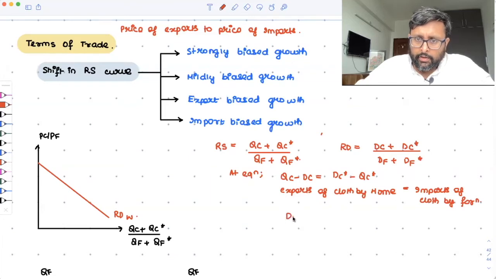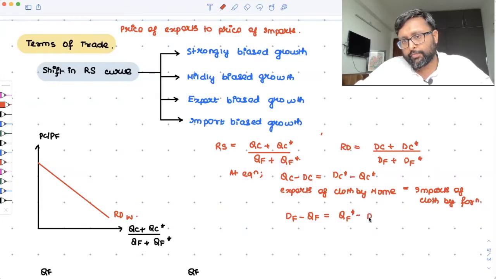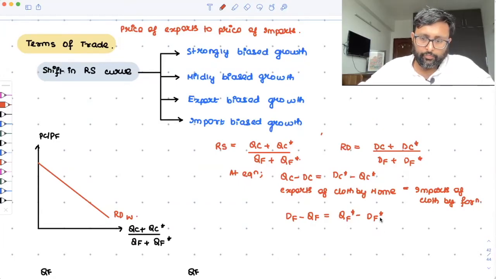Similarly, the amount of food which home is going to import is equal to the amount of food which foreign is going to export. So the import of food by home is equal to export of food by foreign, right?